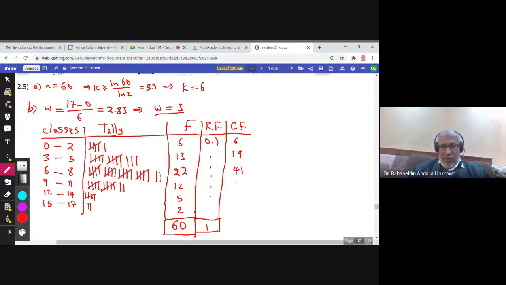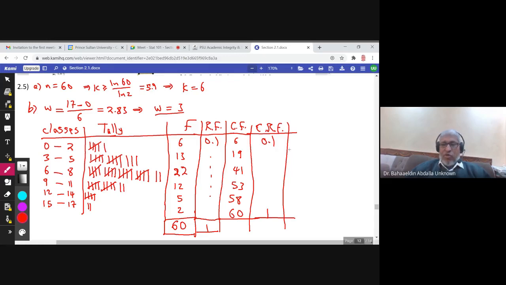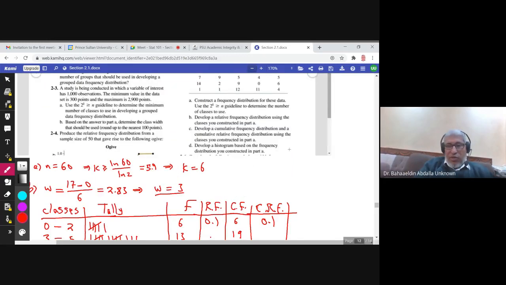I add the 12, I add the 5, I add the 2. The last number should be 60. Also, you can find the cumulative relative frequency similarly. The first one is 0.1 and you add, and the last number here should be 1. So this is part C.